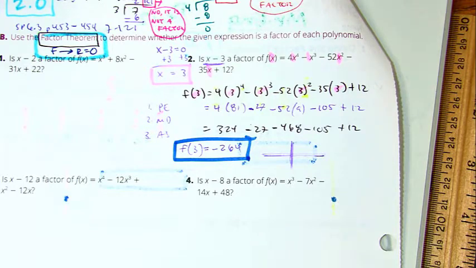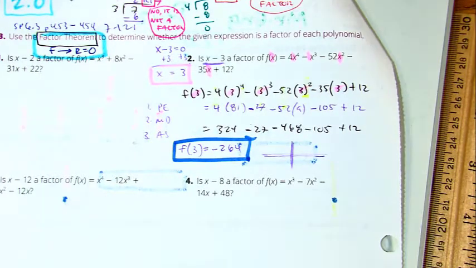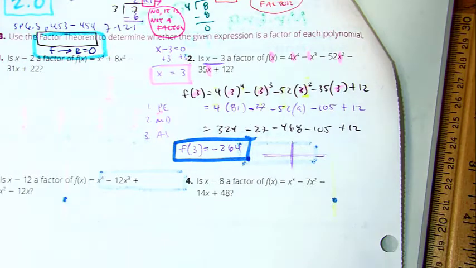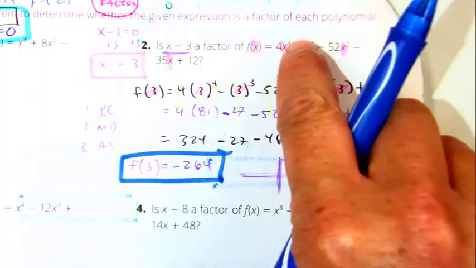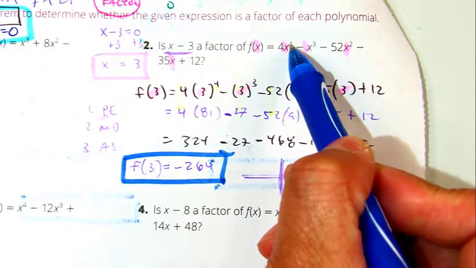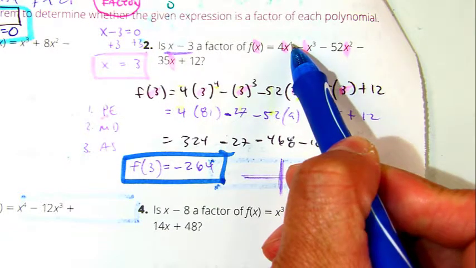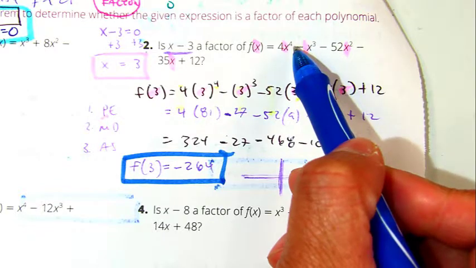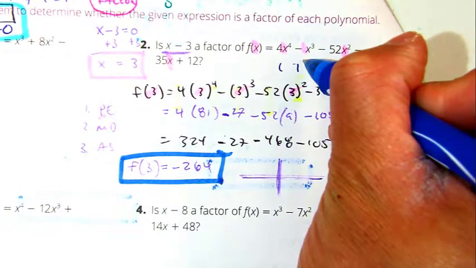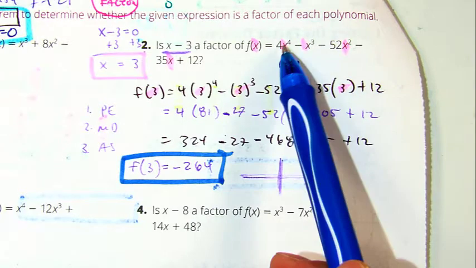Show your partner and tell them what that means. Darian, what's the degree? 4 is correct. Is this even or odd? What does that tell us? Evens do bounce if it was multiplicity. That has to do with the parentheses and the number on the top. So this is an even degree polynomial.